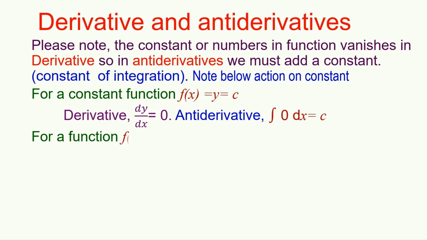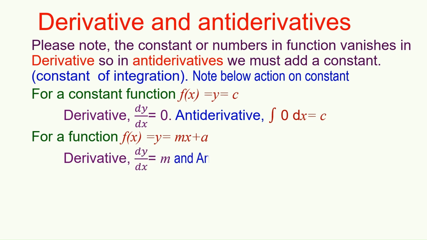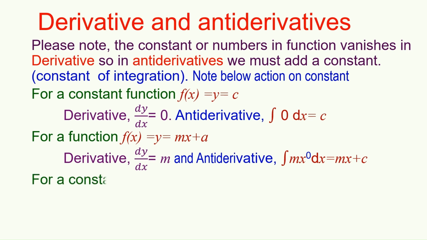For a function f(x) equals y equals mx plus a, the derivative dy/dx equals m, and the antiderivative, indefinite integral of m x to the power 0, is presumed, dx equals mx plus c.